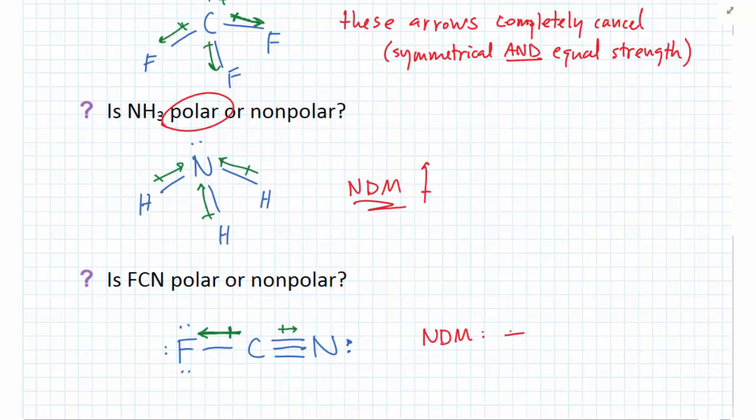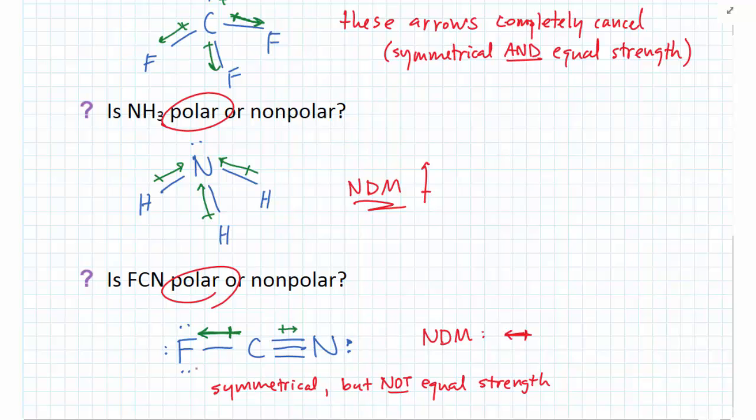I'm going to make it something like that. They are symmetrical, but not equal strength. FCN is polar.